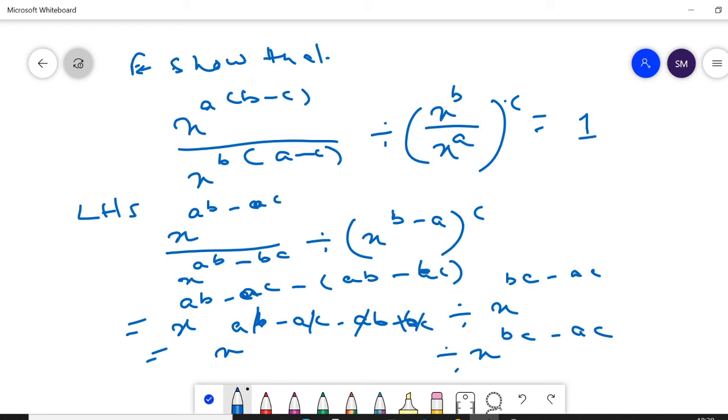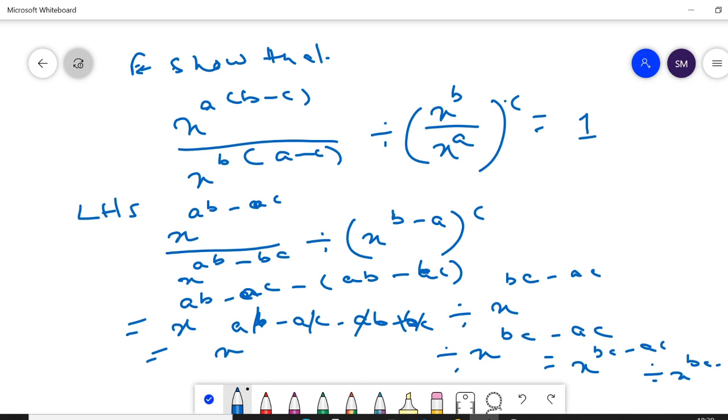Here this is bc. Sorry, here look at here, what happens with this? ab minus ac minus ab plus bc. Then what do we get? x to the power bc minus ac, divide x to the power bc minus ac.